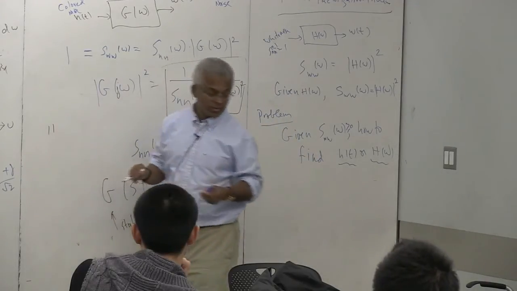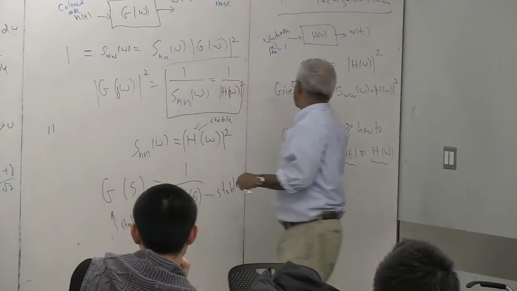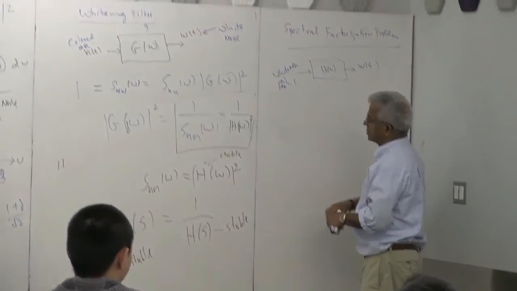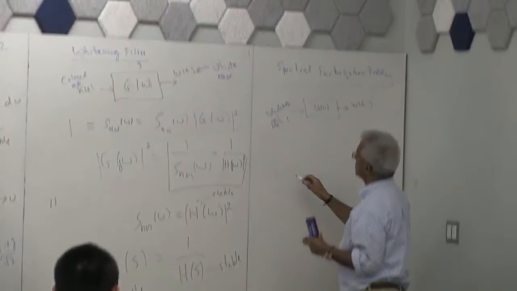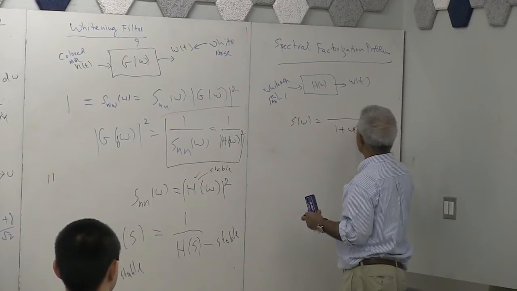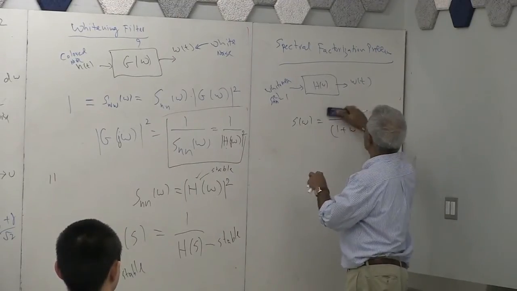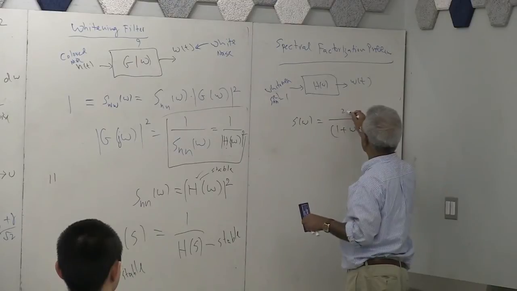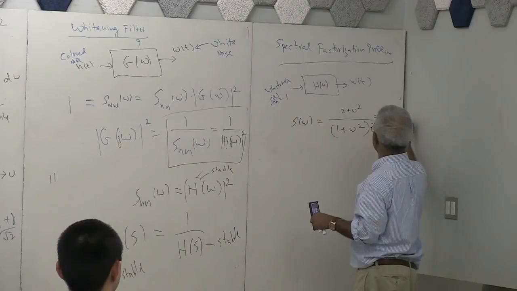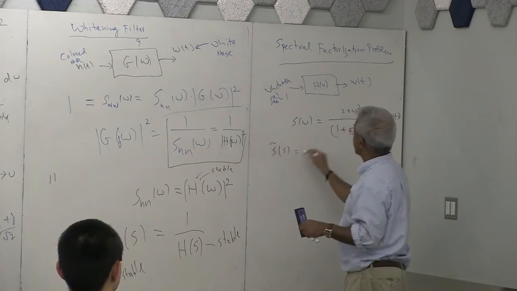This spectral factor is also known as the Wiener filter. Suppose I have a spectrum; this is a simple spectrum, right? I want to write this as h of s multiplied by h of minus s. Remember, the first step is replace omega by s, omega squared by s squared.